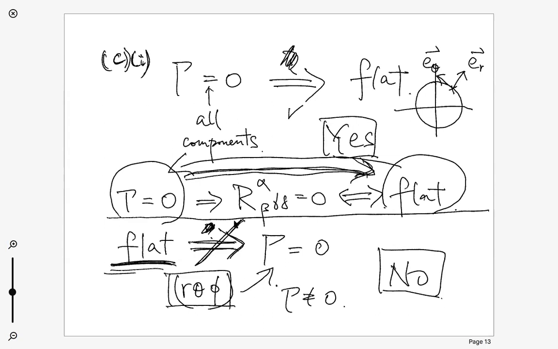And I'm supposed to have this E_r coming from the origin. But for this point, E_r points this way, and the E_theta points this way, right? So obviously, this basis vector is not the same as this basis vector, right? Although they are the same E_r. Similarly, E_theta here is not the same as the E_theta here.